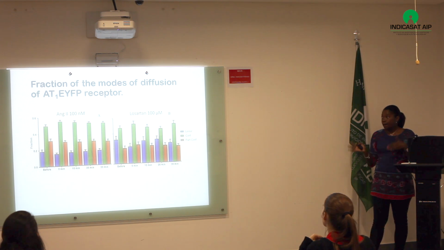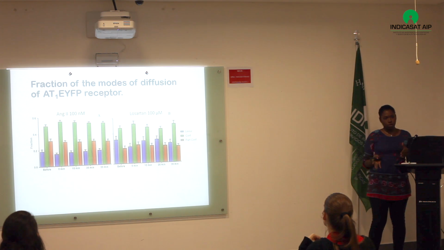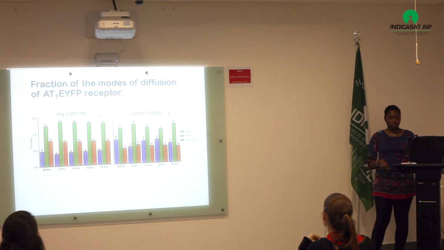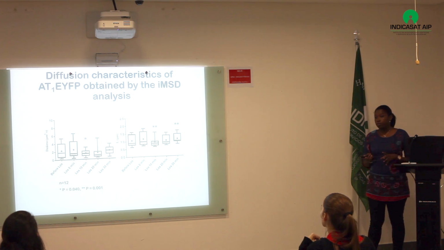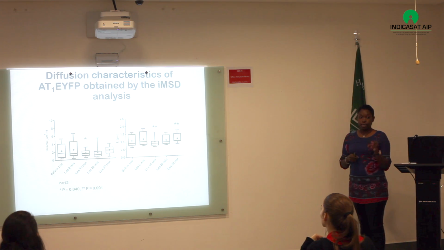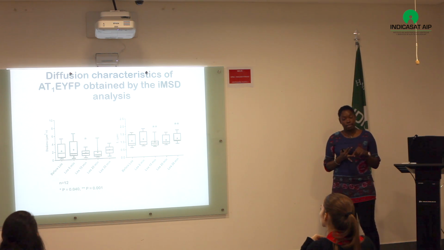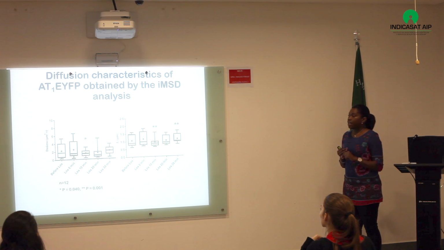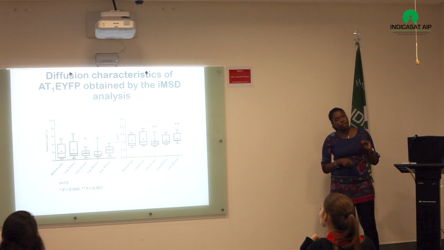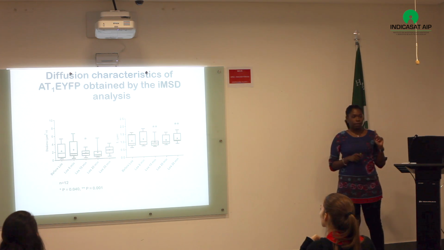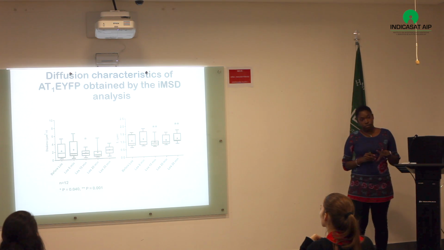But once I have these modes, we extract the diffusion coefficient values. From the diffusion coefficients of this receptor, for the agonist angiotensin 2 and the antagonist, we didn't observe a significant change in the diffusion coefficient values.